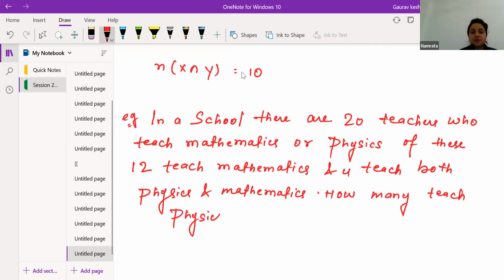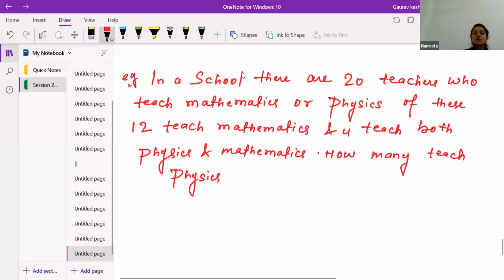Let's do it. So in a school, there are 20 teachers who teach mathematics or physics. Can you tell me what is already given in the question? Yeah, can you hear me? Yes.